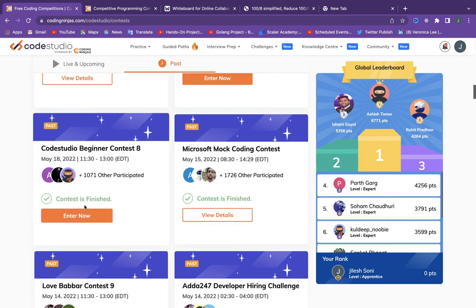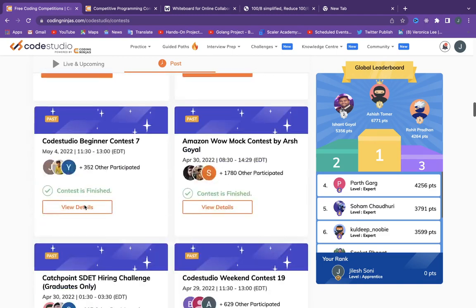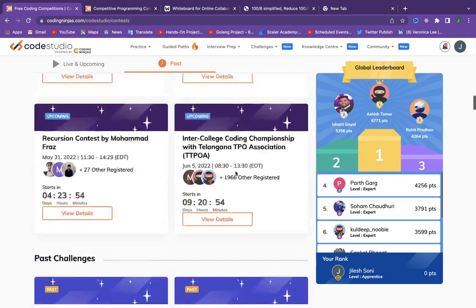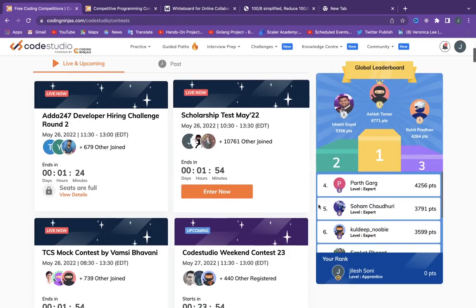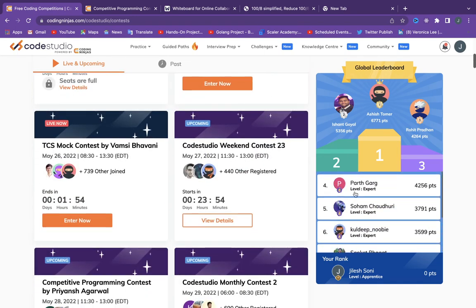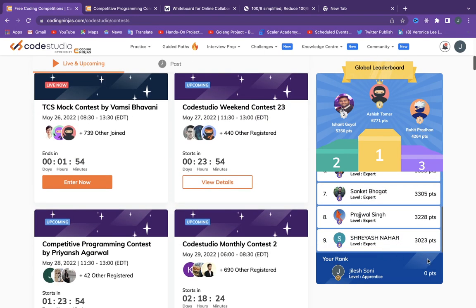What is this? Amazon Law. All the ways concession. What is all of this? I have 0 points. Amazing. How are they living their life?